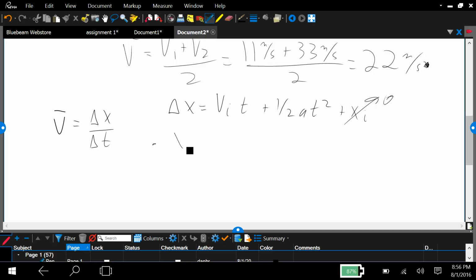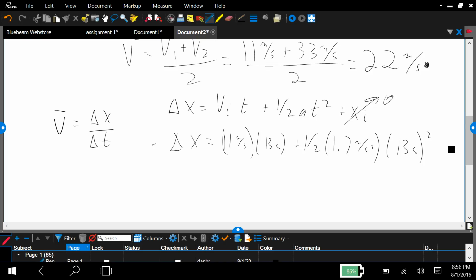So my change in position is equal to 11 meters per second times the time, which is 13 seconds, plus 1/2 times 1.7 meters per second squared times 13 seconds squared.